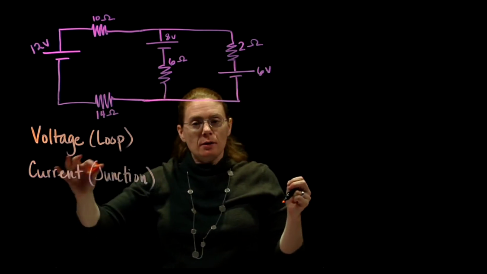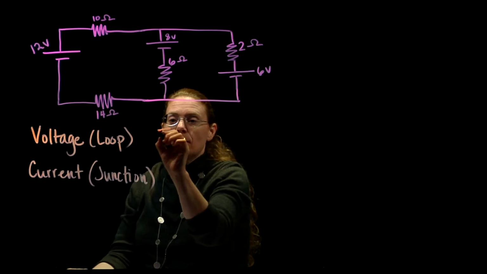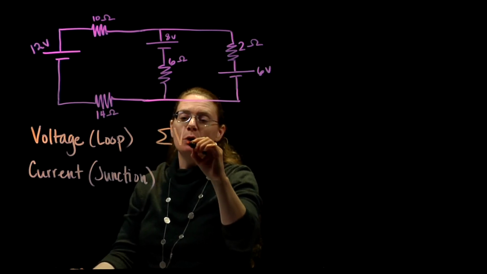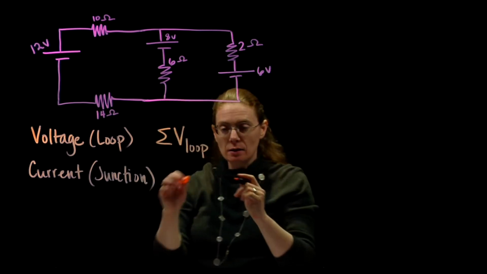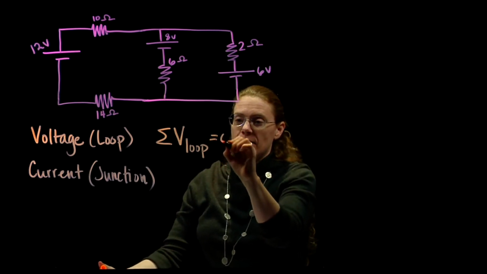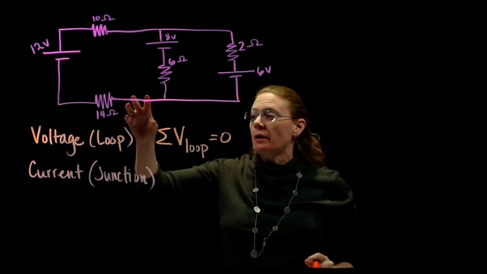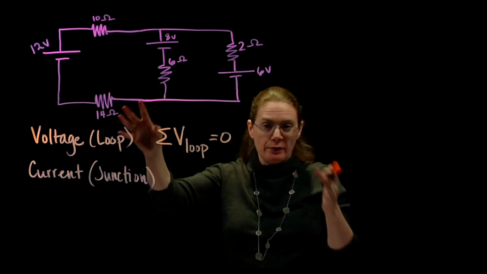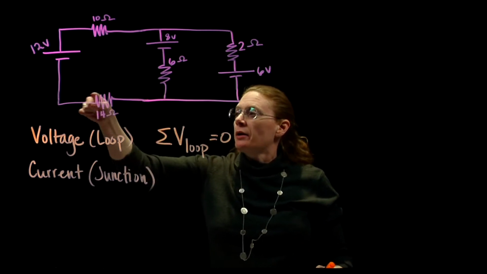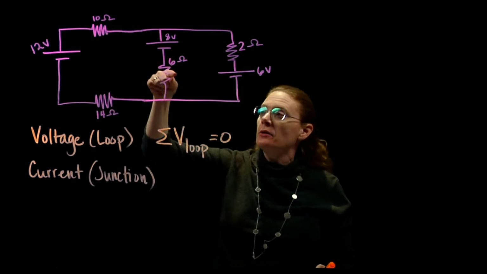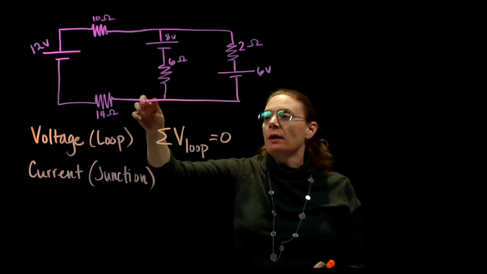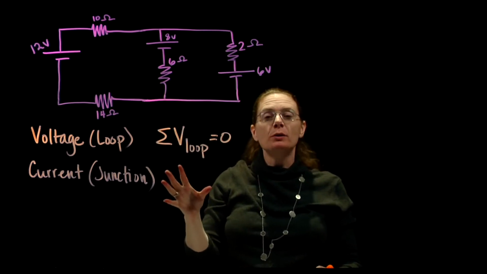So what Kirchhoff's law says for voltage is that the sum of all of the voltages around any single loop needs to add up to 0. So if you start at a point, and we call that 0 voltage, and then you walk your way around a loop of a circuit, when you get back to that point, you have to be back down to 0 voltage again.